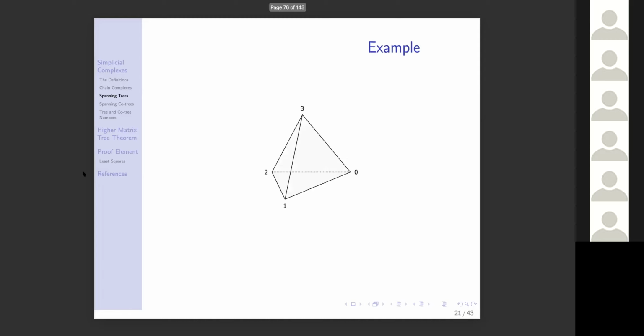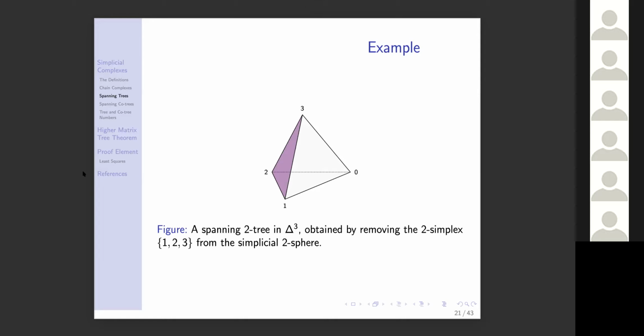Okay, so here's an example of a spanning tree. I'm going to take the 3 simplex, and here's how you get a spanning 2 tree. You remove the 2 simplex from the 3 simplex. You take the simplicial 2 sphere, that's the 2 skeleton of delta 3, and remove the 2 simplex given by the set 1, 2, 3.